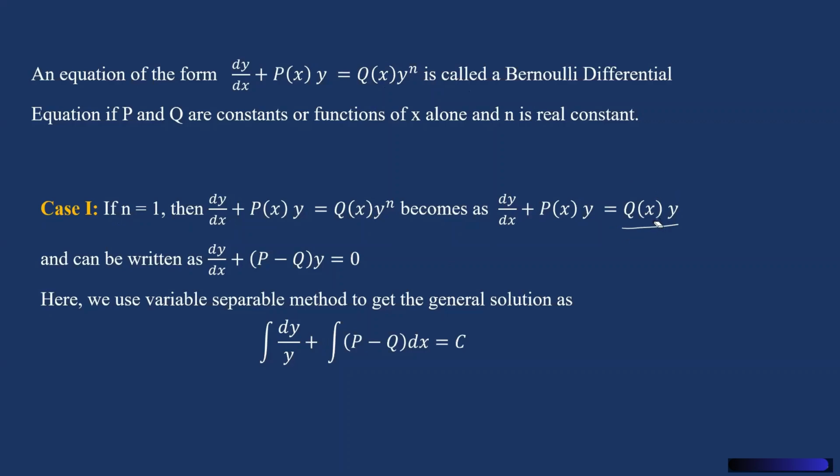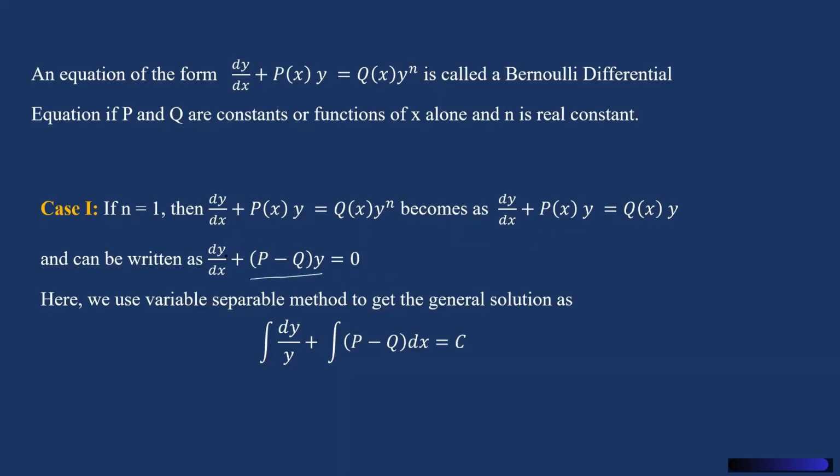When it is only q of x into y on the right hand side, you have y on both sides, and you can bring them to one side. So when you bring q of x to the left hand side, we can take y common, and hence the equation becomes like this.